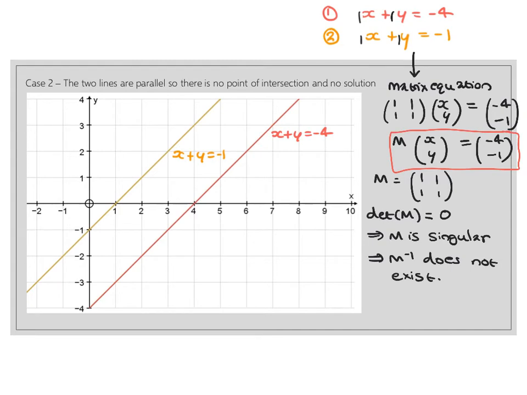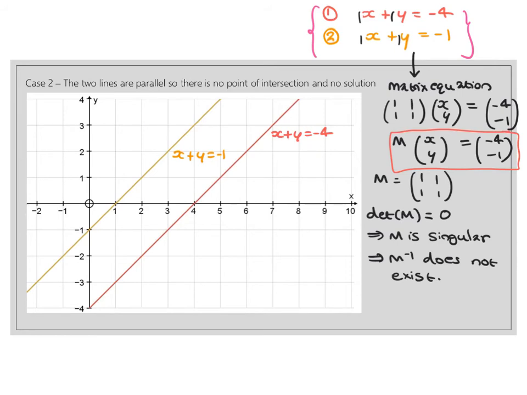And let's think about why that is, looking at the graphical representation of the equations. It's a pair of parallel lines, and we could have seen that really by looking at this pair of equations up here. Parallel lines will never intersect. That means this pair of simultaneous equations has no solution at all. And this links back to the matrix that is singular.